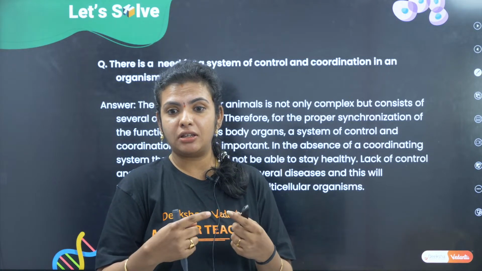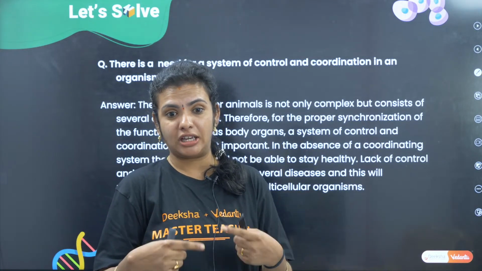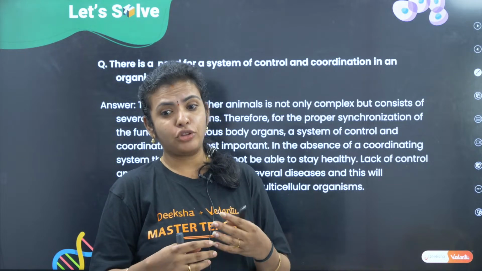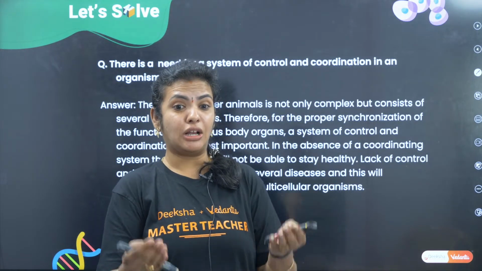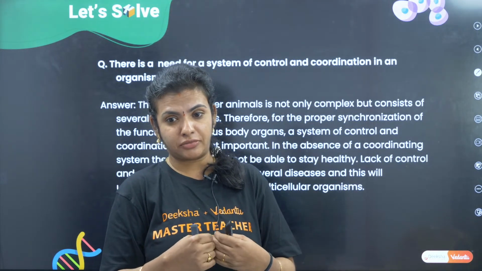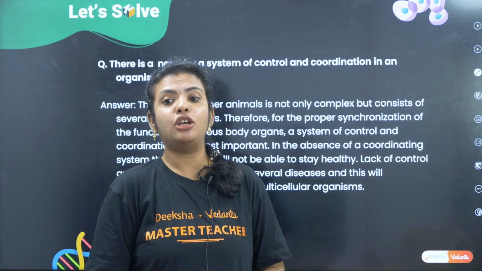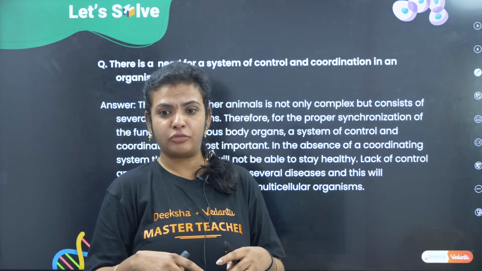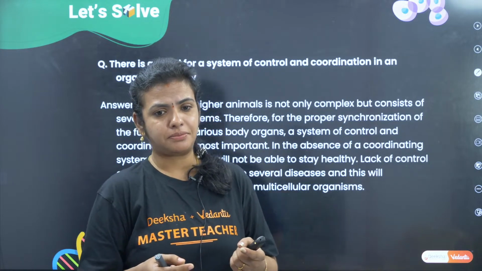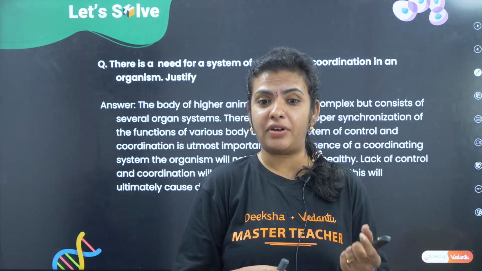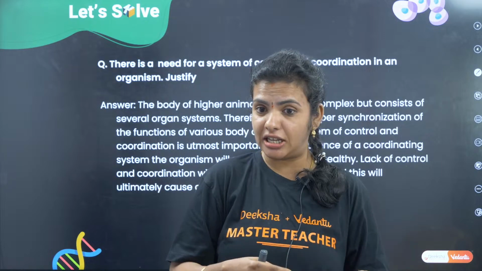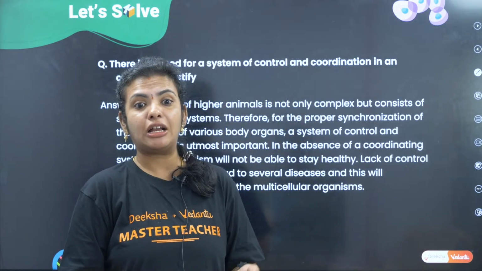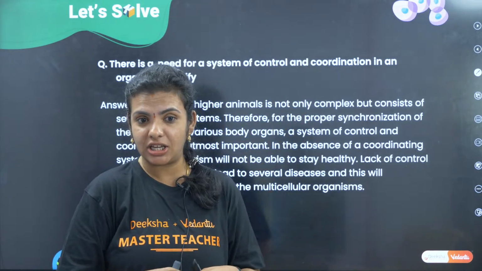So, what is happening? Your muscles are working out, your hands and legs are moving, there is a requirement of more oxygen, correct? So, what should happen? You should breathe more. Okay. Let us say you are doing exercise, your heart starts pumping faster, your heart beats faster than normal. Okay. That means the requirement is more for energy.